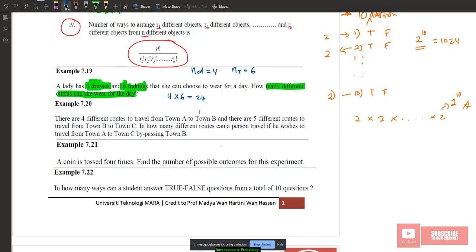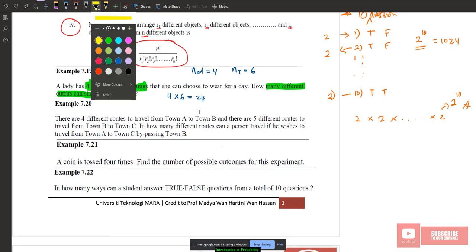For this topic, you need to pay more attention. This is a bit tricky and not really straightforward. Now look at example number 7.20.